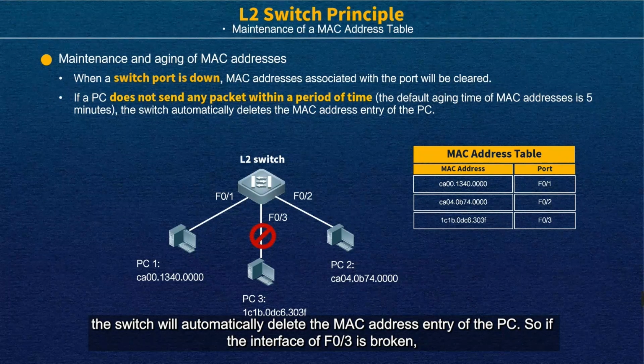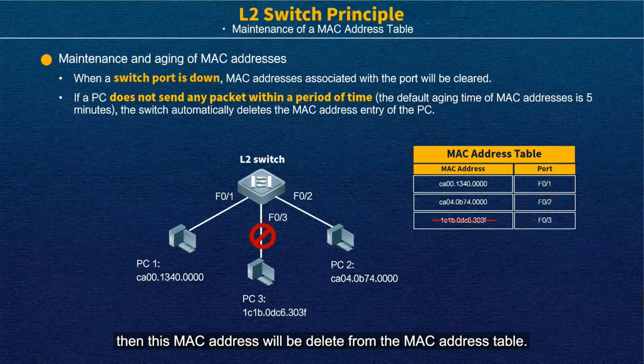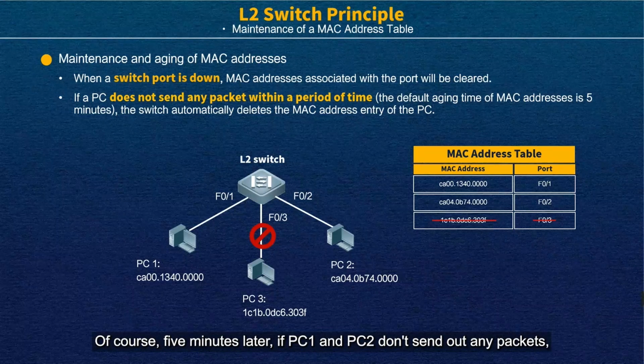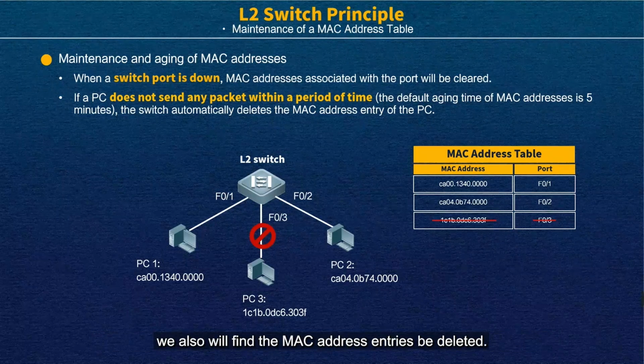So, if the interface F0/3 is broken, then this MAC address will be deleted from the MAC address table. Of course, if 5 minutes later PC1 and PC2 don't send out any packet, we will also find their MAC addresses deleted.